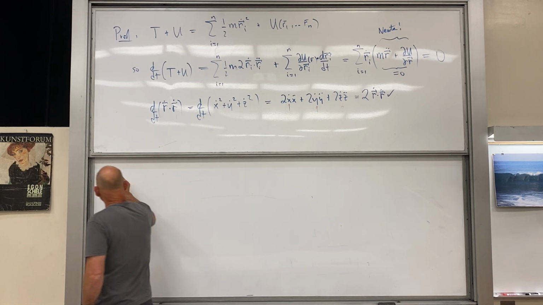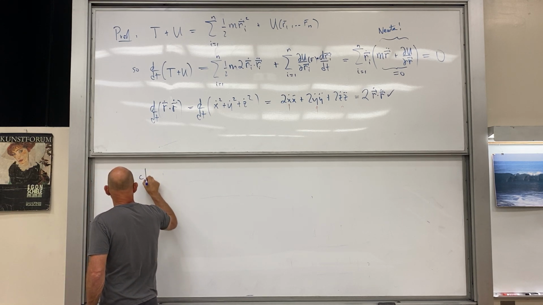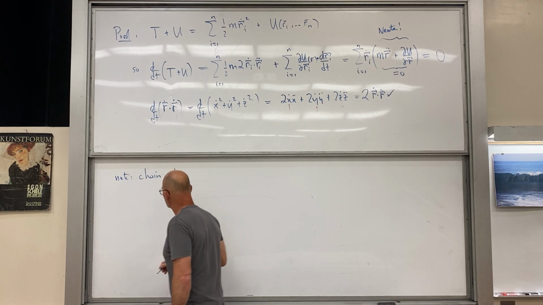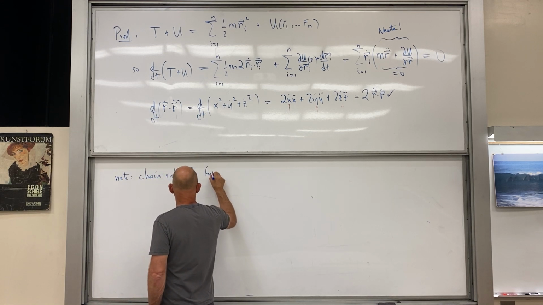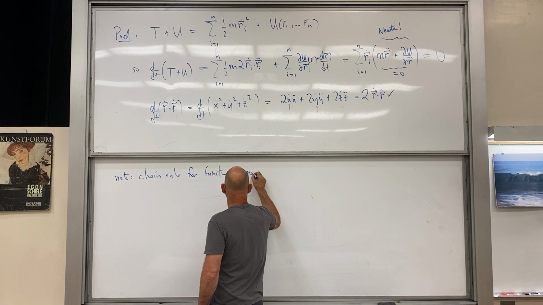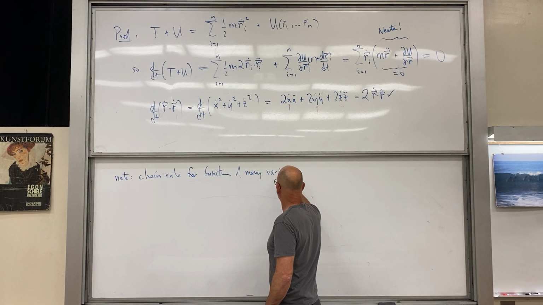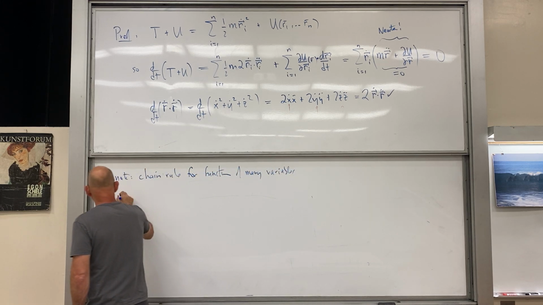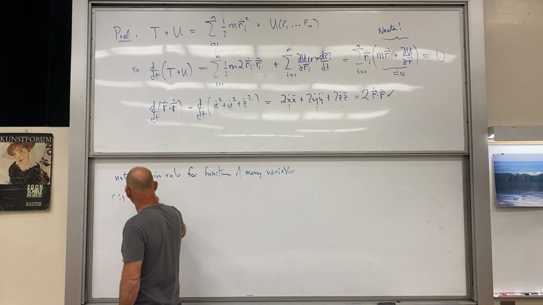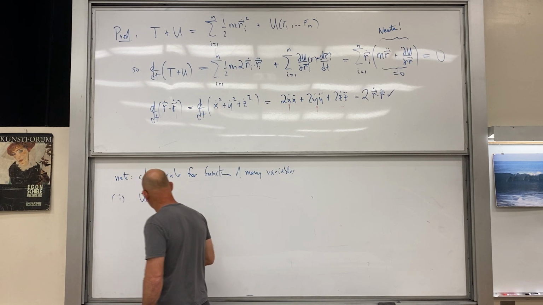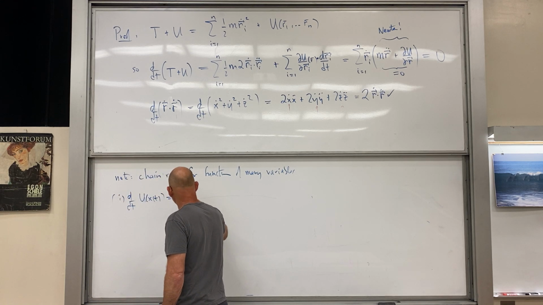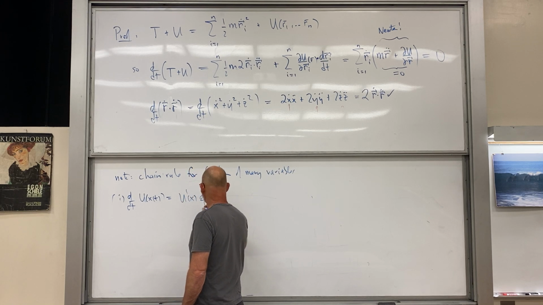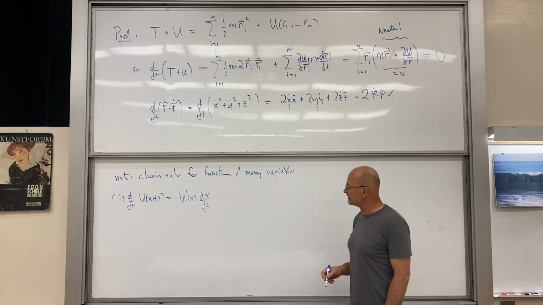Okay, so here's a note on the chain rule for functions of many variables. Suppose we have, we'll start with one variable, u of x of t. Then the time derivative is u prime of x times dx dt. That's the chain rule for a function of one variable.